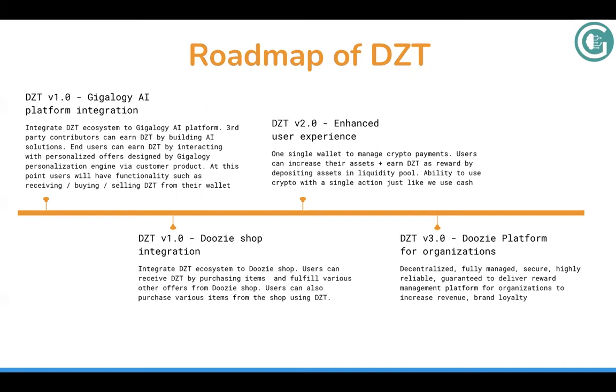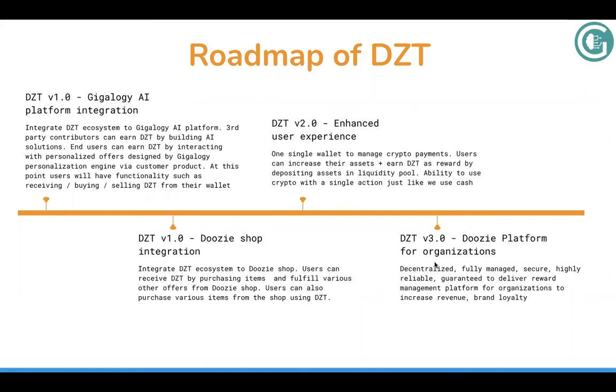Our main focus will be an enhanced user experience. Our end users, or Doozie token holders, will be able to increase their assets by depositing them into our liquidity pool and also get dividends for their holding time and contributions. So the main goal of version 2 is creating an experience just like we use cash.